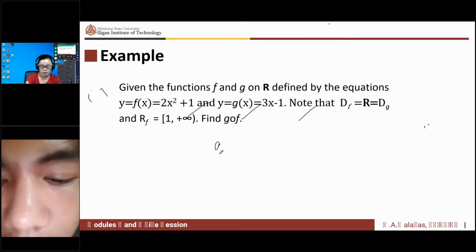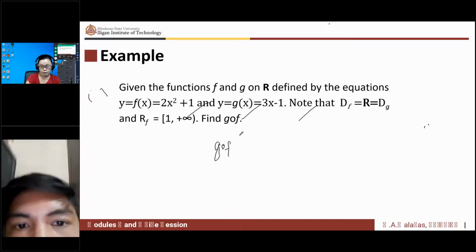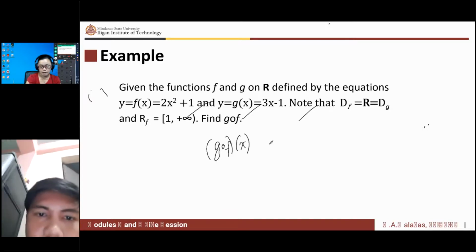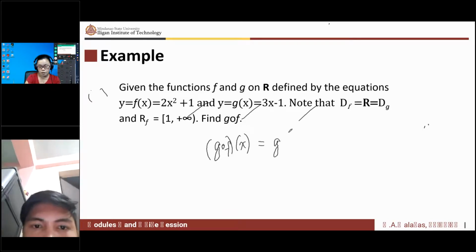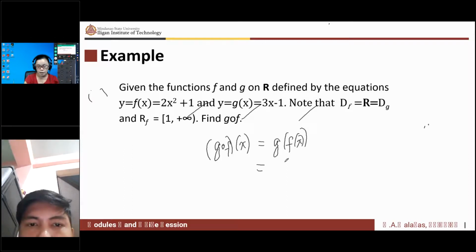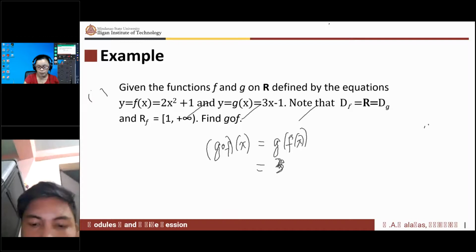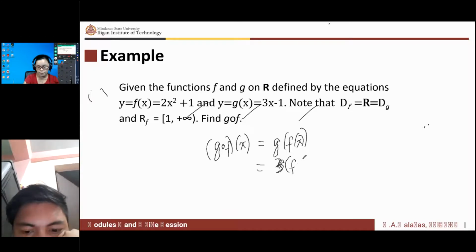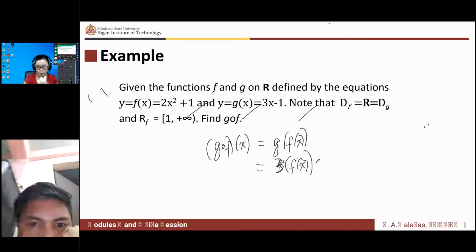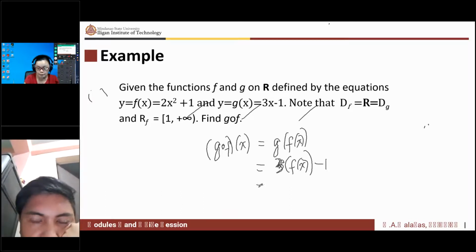So (g circle f)(x) is equal to g of f of x. What's our g here? 3x minus 1. So our x is f of x, so 3 times f of x minus 1. And our f of x is 2x squared plus 1.